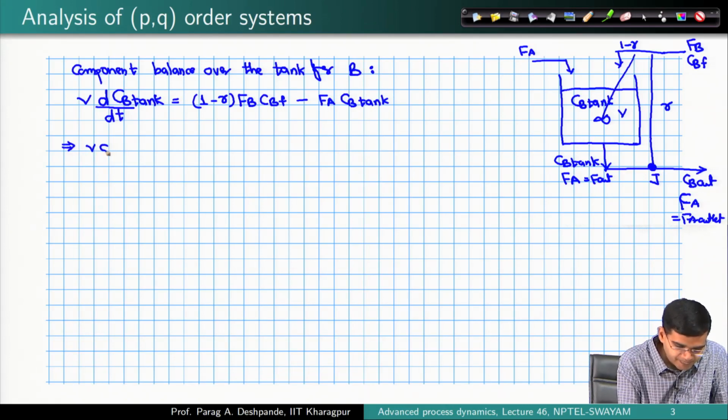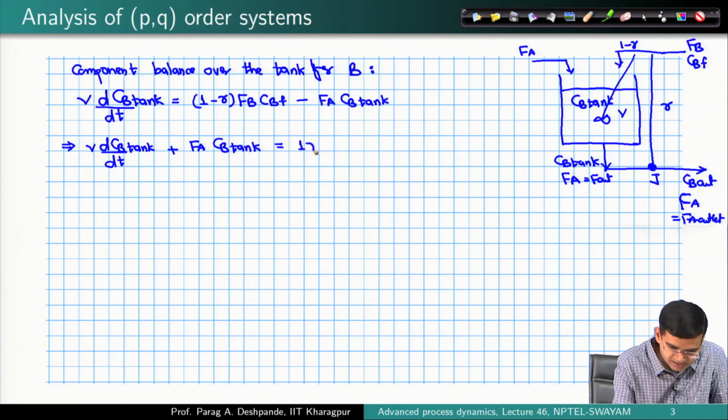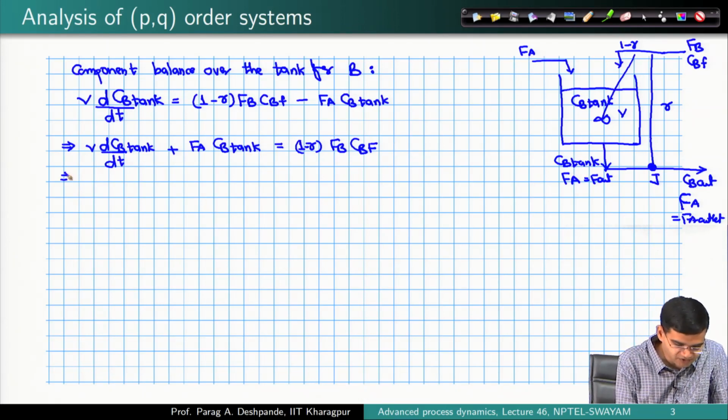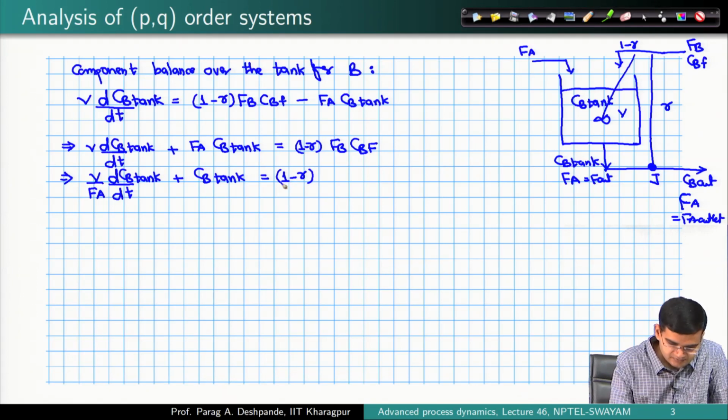I can write this as V dC B tank by dt plus F A C B tank is equal to 1 minus R F B C B feed, and to have the transfer function we would convert it to a standard form, and this would be equal to V upon F A dC B tank by dt plus C B tank is equal to 1 minus R multiplied by F B C B feed upon F A.